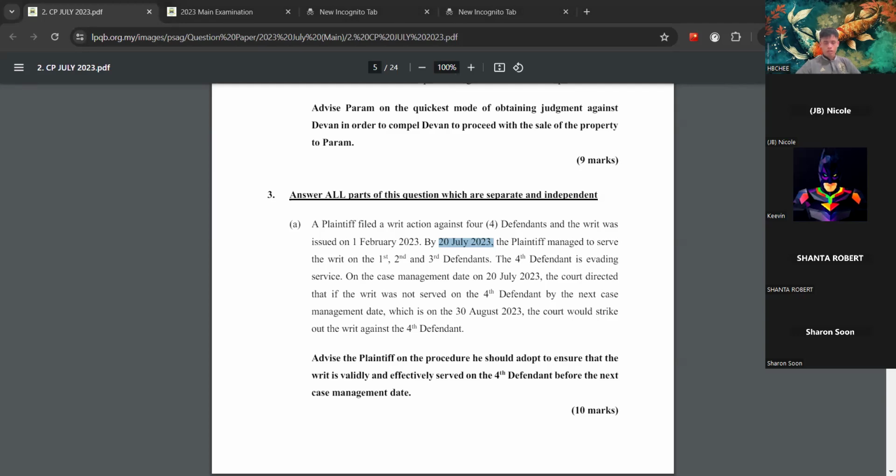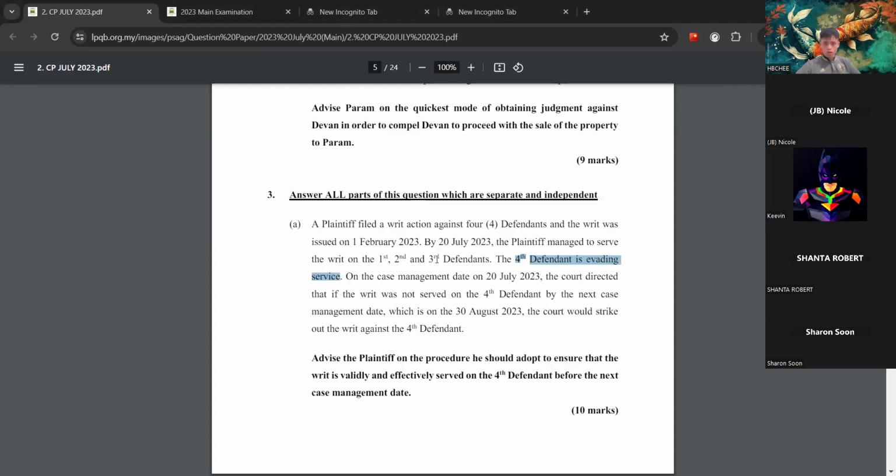And then after that, how are you going to effect your substituted service? You have to follow the practice note and then read the case, because in the case there are certain elements that the defendant must be evading the service of writ. So it's very clear from the facts that the fourth defendant is evading the service.